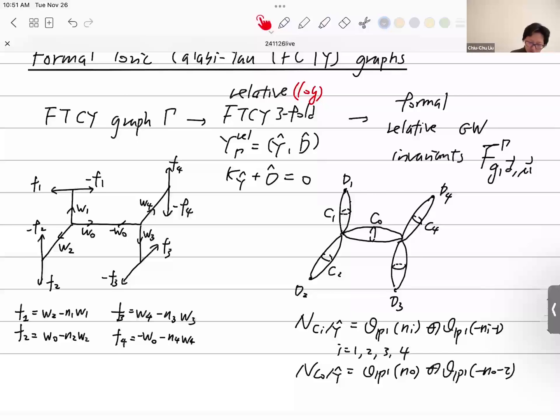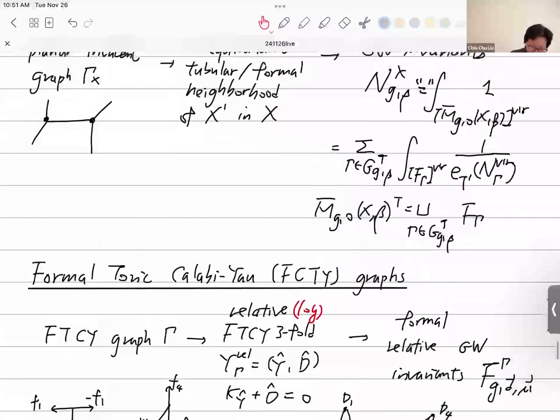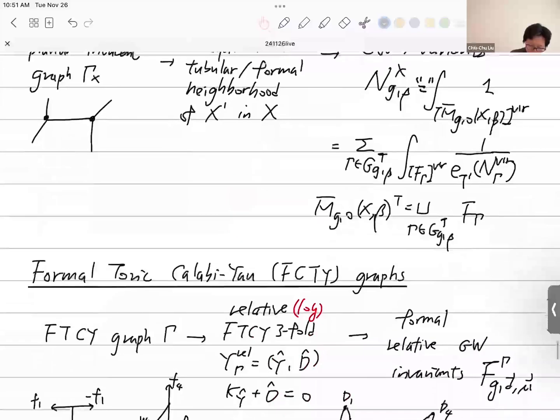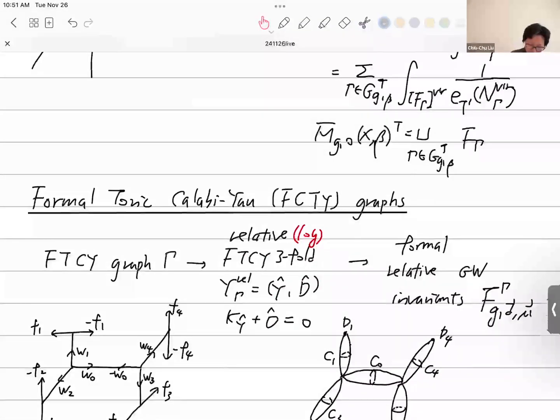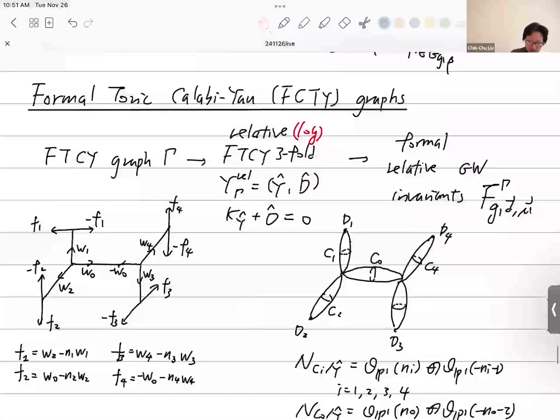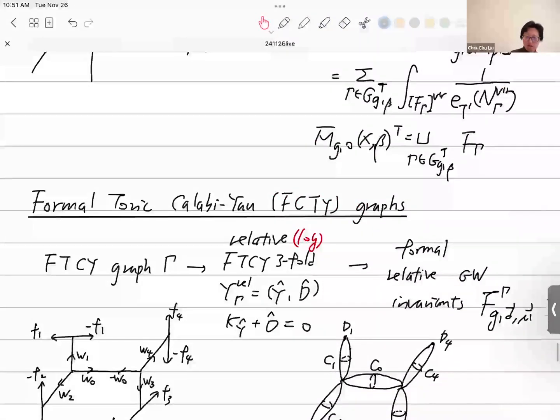Just by generalizing this construction, we get this relative formal toric Calabi-Yau threefold. This data is enough for us to define and compute invariants by localization.